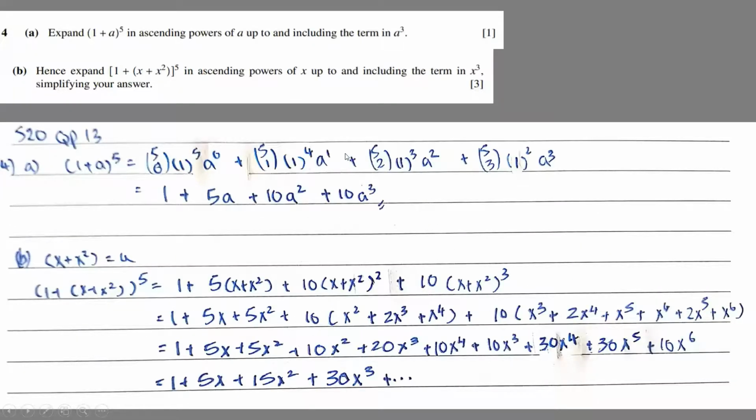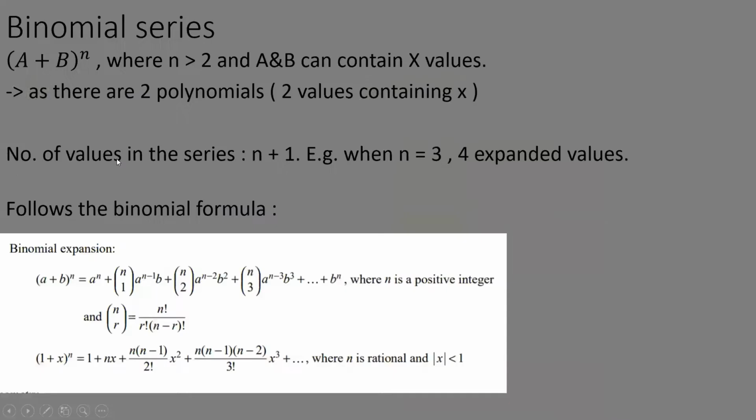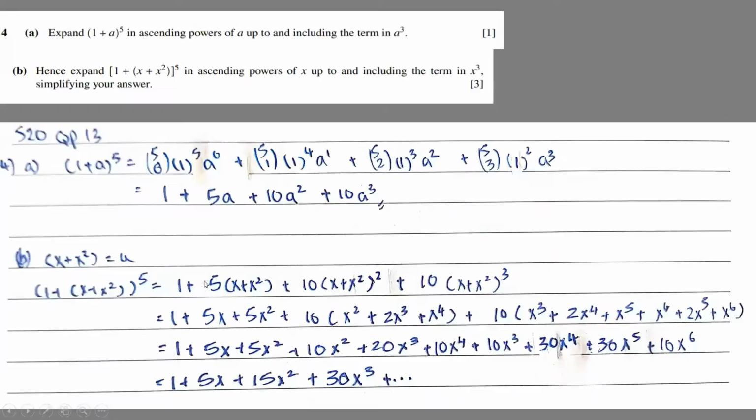We have another binomial expansion. Again, you can use the formula from beforehand, to memorize it, or you can write it out like how I've written it out. They're asking you to find the ascending powers of a up to a raised to the power 3, or a cubed. So you just simply write out the equation. So we have 5 choose 0 multiplied by 1 raised to the power 5 multiplied by a raised to the power 0.